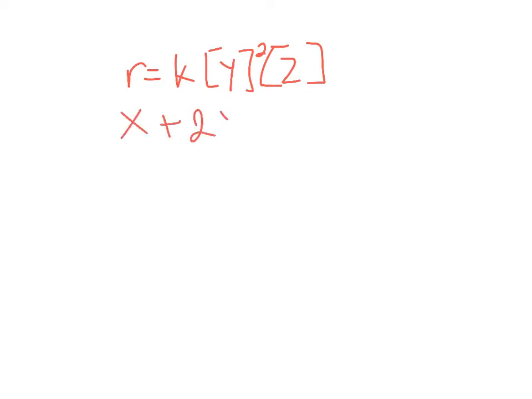Step. R is equal to k, Y squared, Z. Your overall is X plus 2Y plus 2Z goes to XY2Z2.